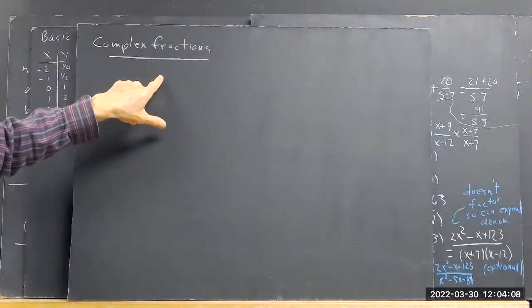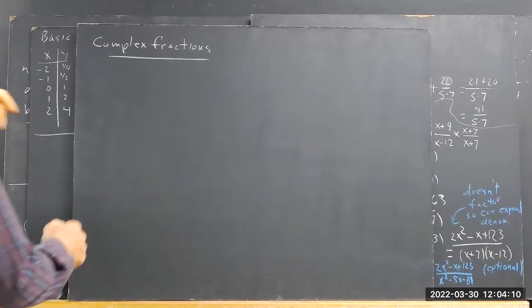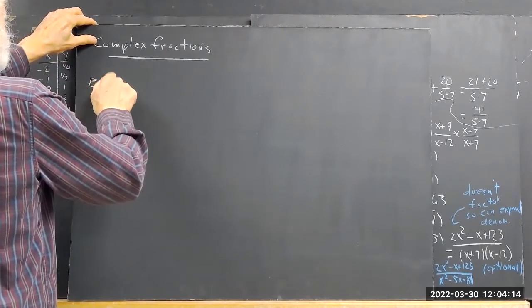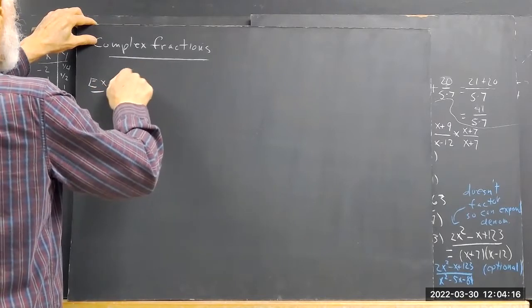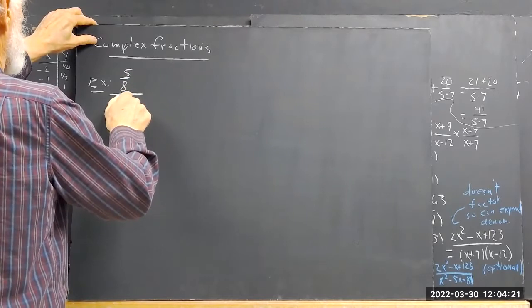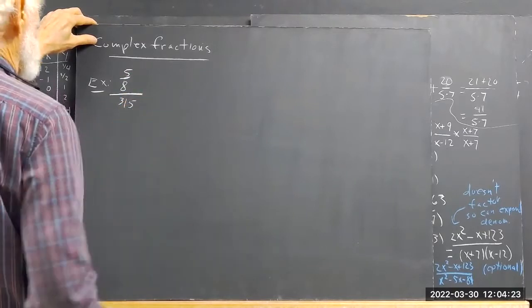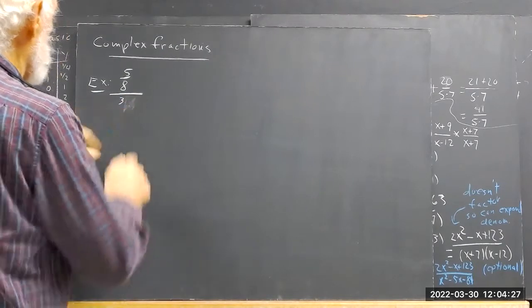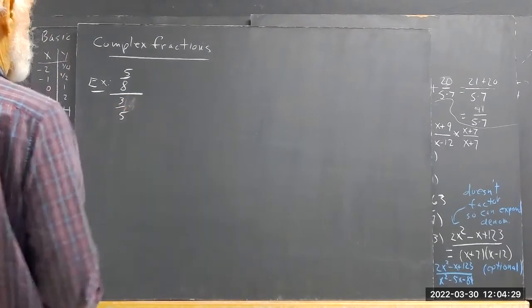Okay, complex fractions. Example. Five eighths divided by 3/5. It could be written out like this.